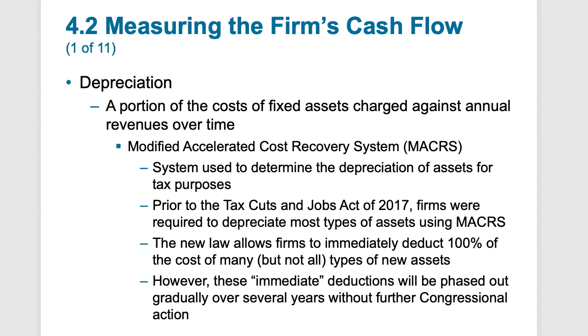Now, if a company pays cash today for an asset they're going to use for many years, like a piece of equipment, the accounting principles generally don't permit the firm to deduct the entire cost of the asset as an expense against earnings that year.